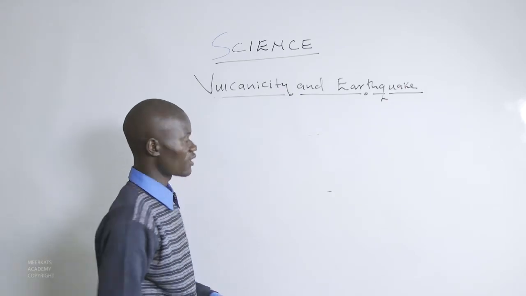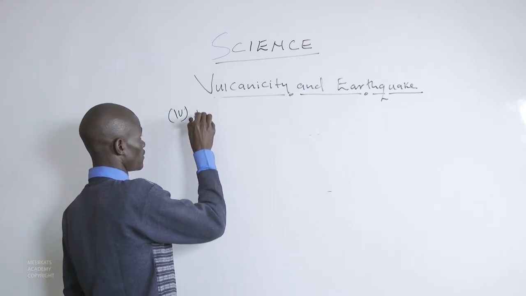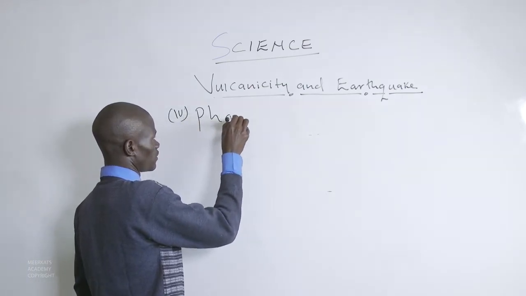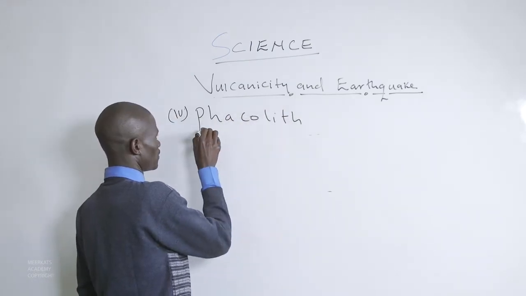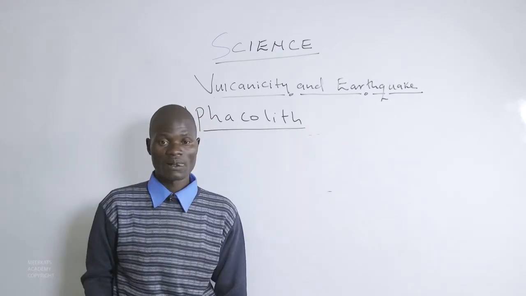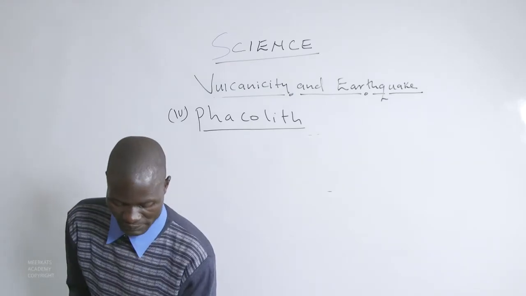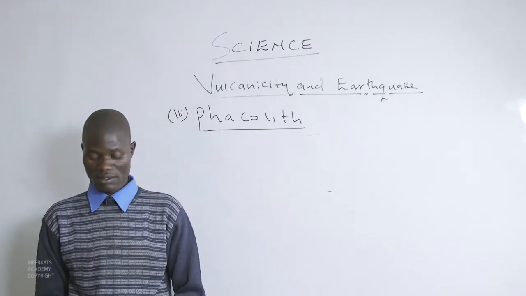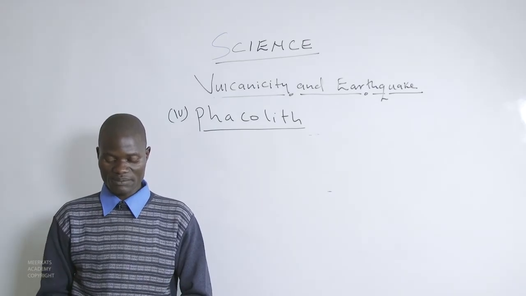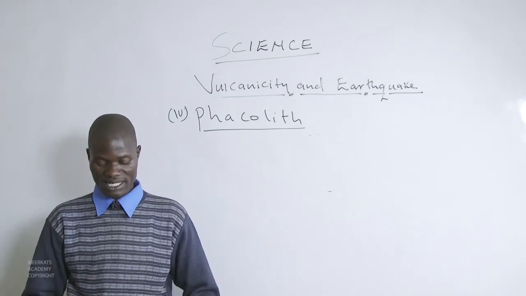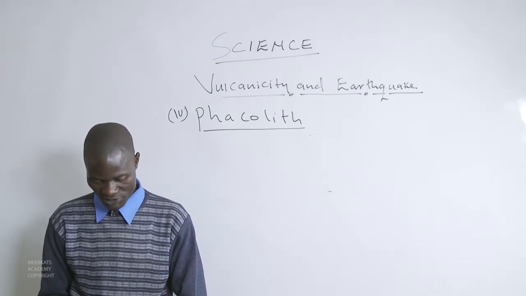We have a Laccolith, and a Laccolith is formed when a wavy mass of intrusive rocks, at times they are found at the base of the synclines of the folded igneous rocks.